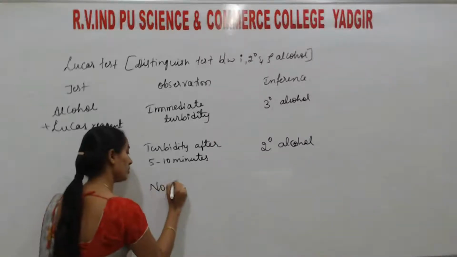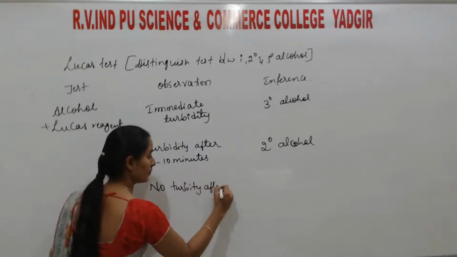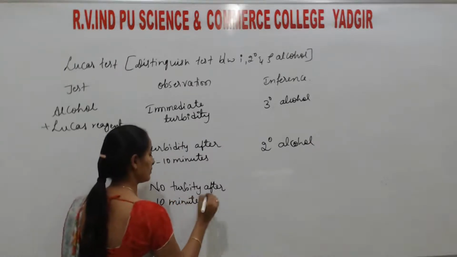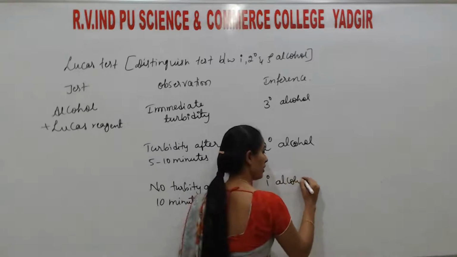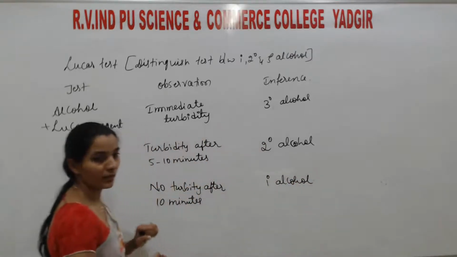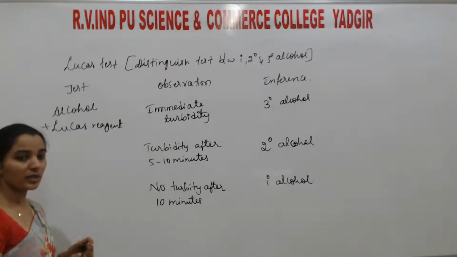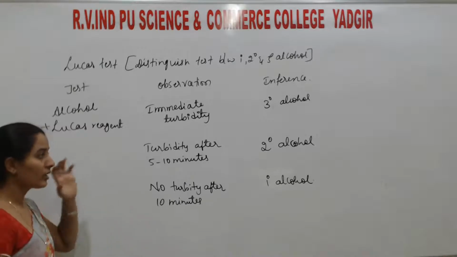Okay, next. No turbidity after 10 minutes, that is primary alcohol. So if alcohol is there, we need to check whether it is primary, secondary or tertiary. What we need is just a Lucas reagent.